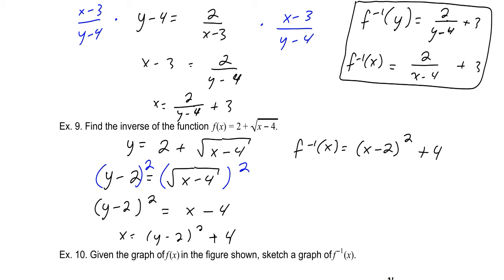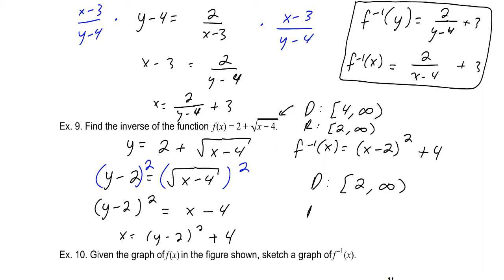Now I want to point out that my original function had a domain of x greater than or equal to 4, so 4 to infinity, and a range greater than 2 based on our transformations. So this function is going to have a domain of 2 to infinity and a range of 4 to infinity, because the domain and the range will be interchanged when we find an inverse function.